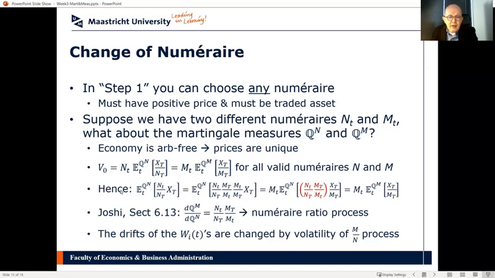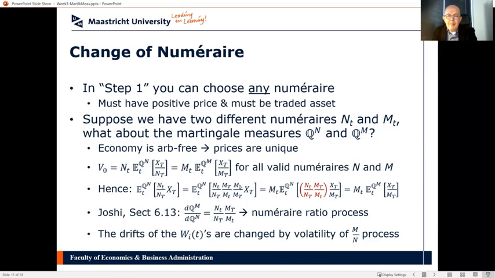So therefore, if I bring this inside the expectation, I can say that the Qn expectation of my payoff X capital T multiplied by n small t divided by n big T. I've only taken the n of small t inside the expectation operator, which is allowed because I'm doing this relative to the information at time small t, and I know what n of small t is at time small t.